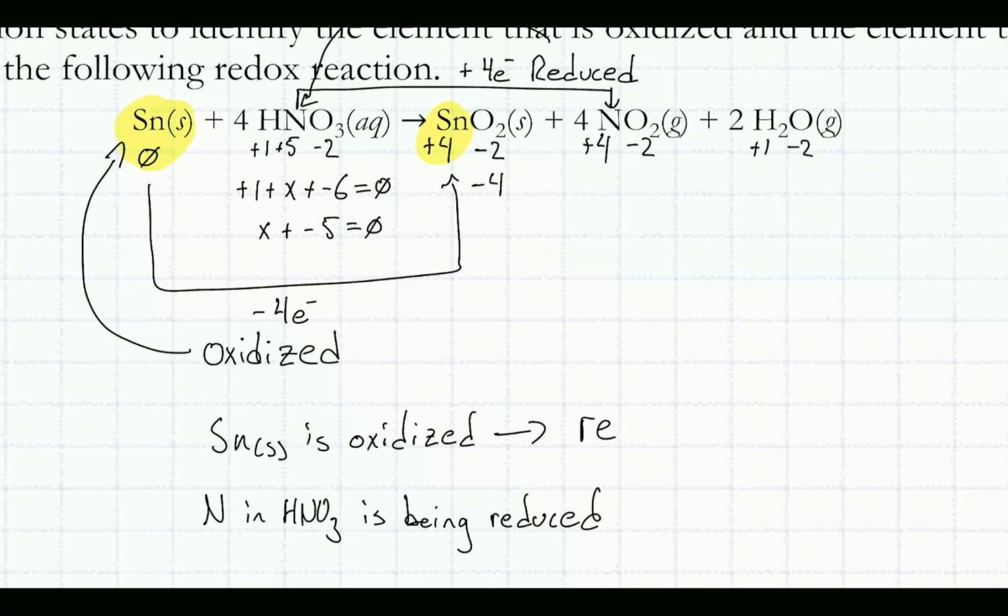It's the reducing agent. Nitric acid here being reduced, so it's the oxidizing agent. So just remember how to find what's being oxidized and what's being reduced, because for reducing agent and oxidizing agent, you just flip it. Much easier to find the first one, oxidized and reduced.